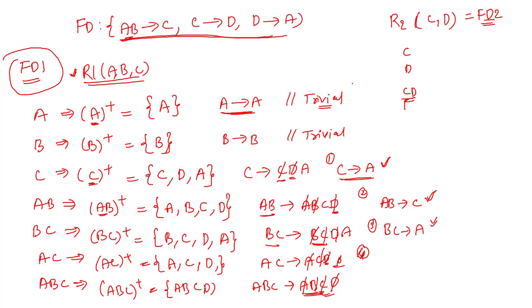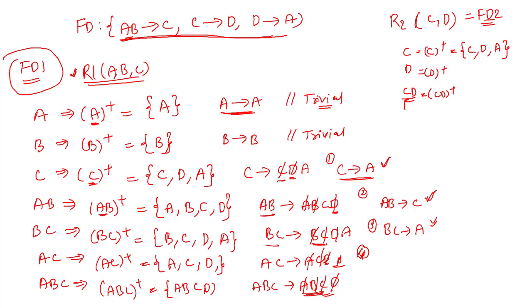So you have to calculate the closure of C plus. You have to calculate the closure of D plus. You have to calculate the closure of CD plus. If I calculate C closure, then C is the first attribute. C can determine D and D determines A, right?